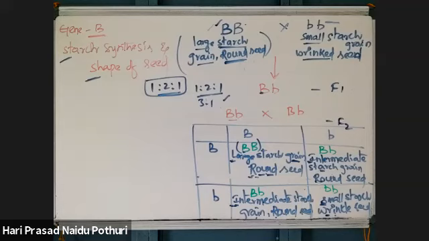So for the starch grain phenotype, alleles show incomplete dominance.